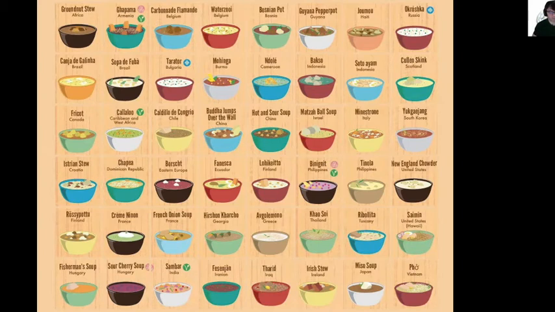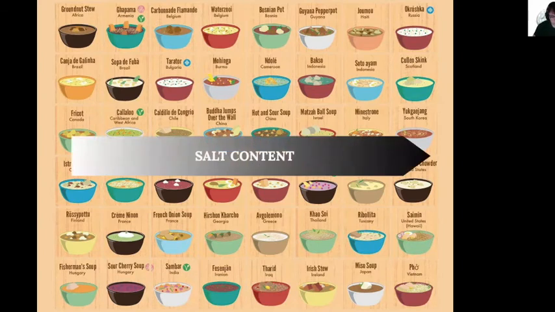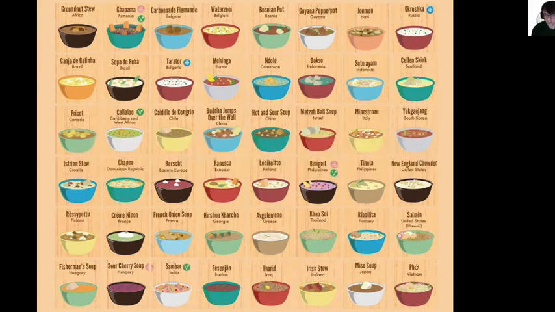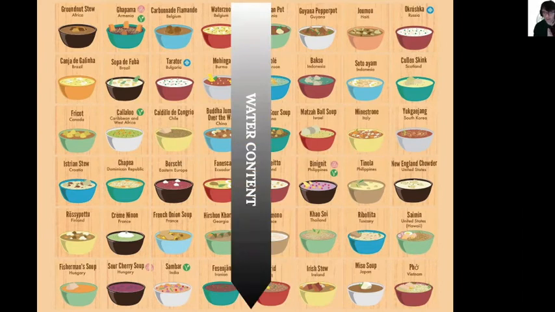For example, the gradient of salt, with a less salty soup on the left and the saltier soup on the right. Another example would be the gradient of water content, with the thickest soup on the top and the most liquid soup at the bottom.